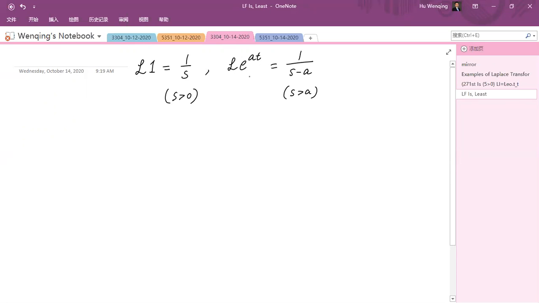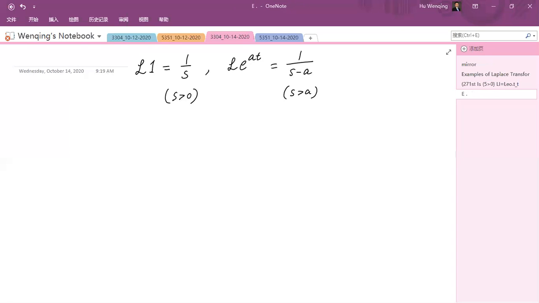You must understand that it is actually the Laplace transform of 1 with the argument s, and the Laplace transform of e^(at) with the argument s. For simplicity, I'm not going to write down this argument for the transformed function, but you must understand there is an argument. So that's going to be the Laplace transforms of these two functions.